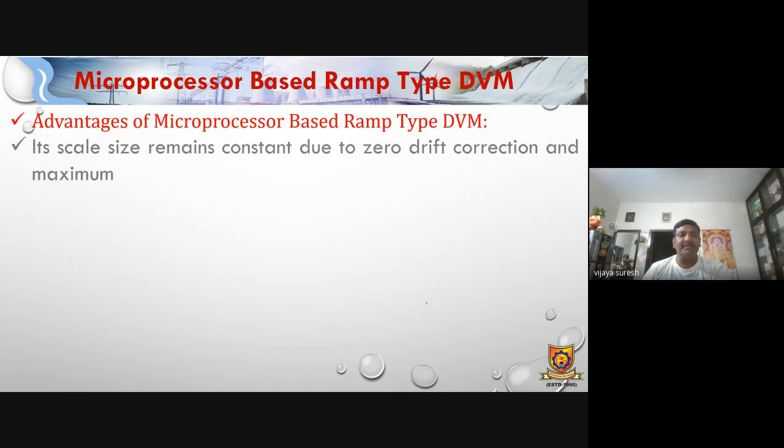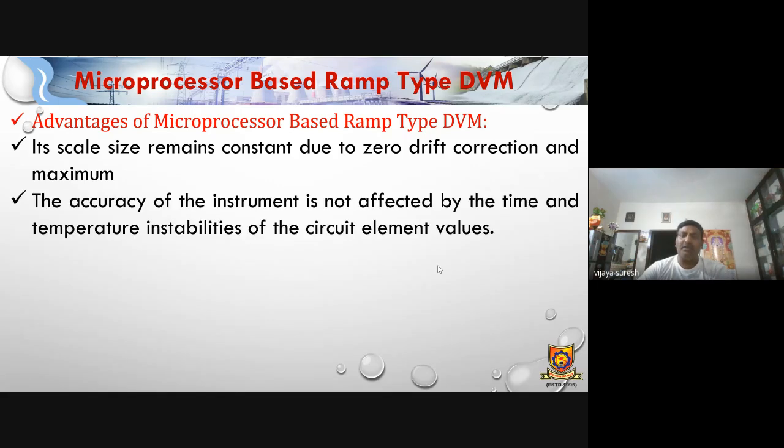The advantage is that the scale size remains constant, and due to the zero drift correction and maximum, the accuracy is very high and there is no drift, nothing but no change, even if there is no change in the input.